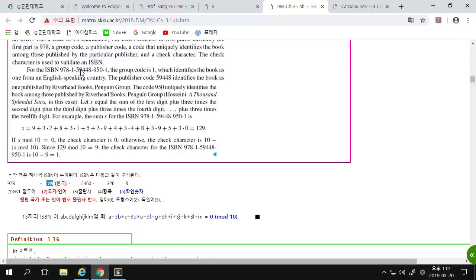Then this number 59548 means a publisher in the United States. 45460 is one publisher in Korea from 89. And then the next, 950, is the book number.